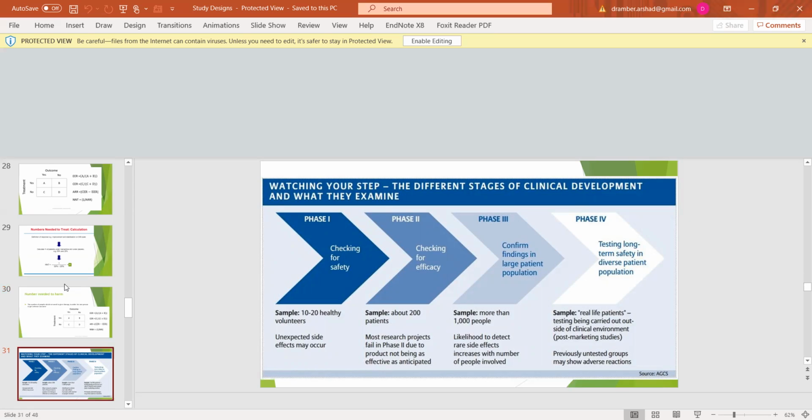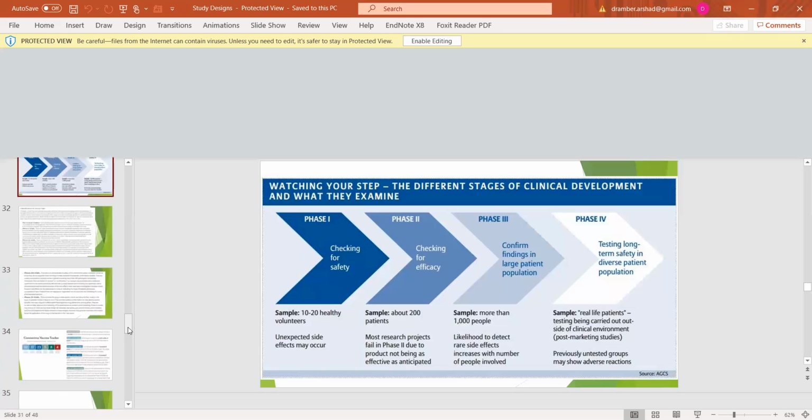Now, we are going to discuss the different stages of clinical development. Number 1 is the phase 1 trial. In phase 1 trial, we check for safety of the drug in 10 to 20 healthy volunteers. Then in phase 2 trial, we check for efficacy in about 200 participants.